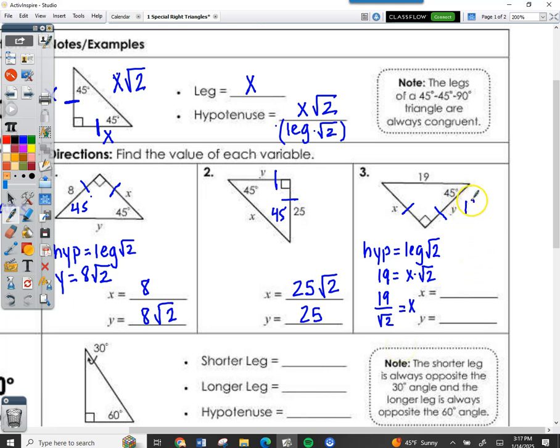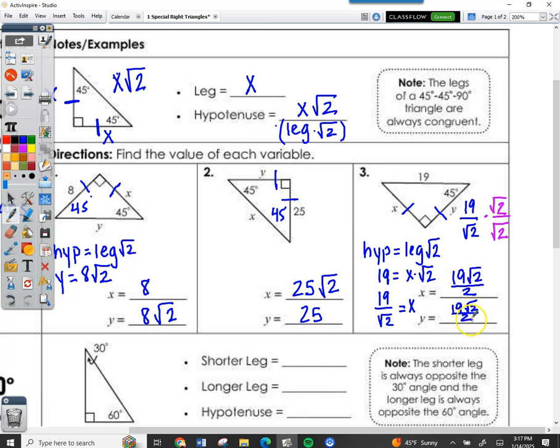So we have 19 over root 2, and it needs to be rationalized. We would multiply by what, y'all? Root 2 over root 2. And then just multiply straight across. So you get 19 root 2 over 2.